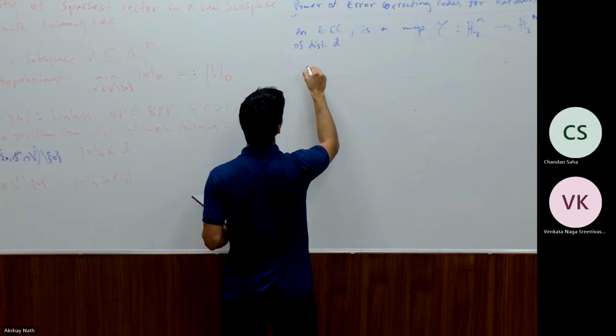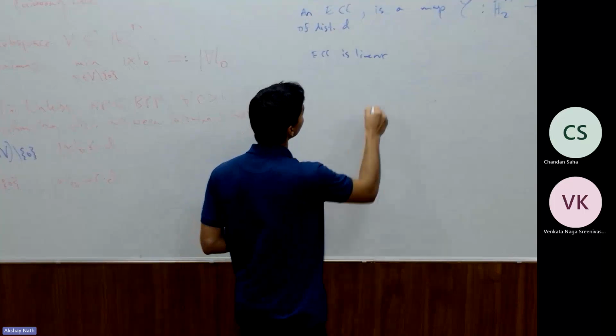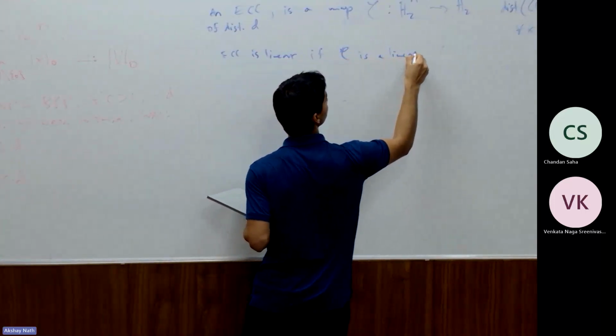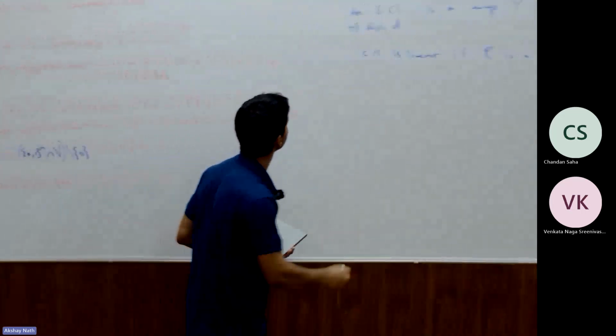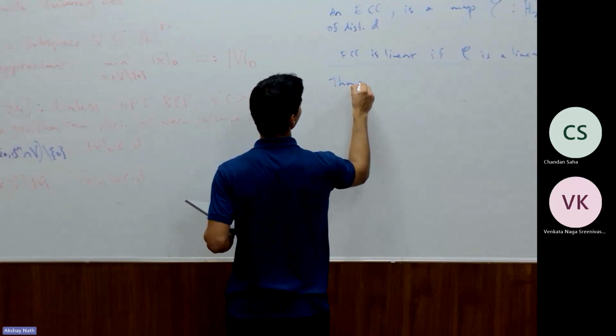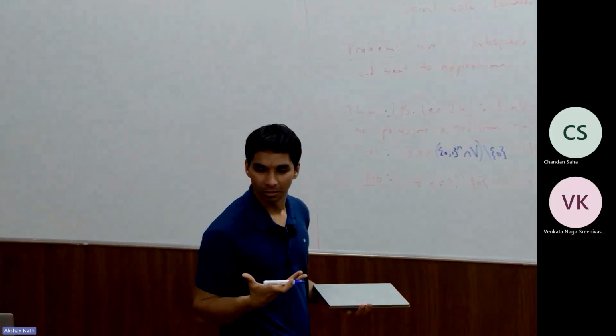An ECC is called a linear error correcting code if C is a linear map. And this is by now a known result: there exist codes with amazing parameters.